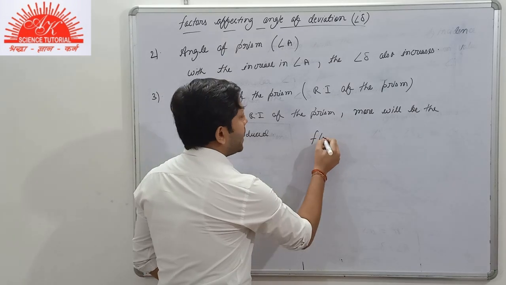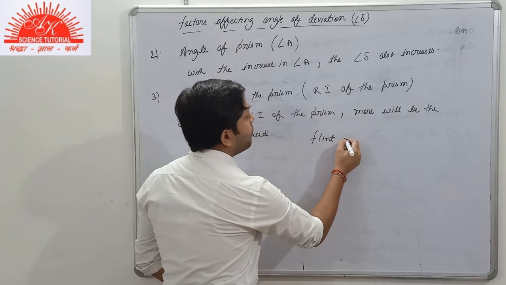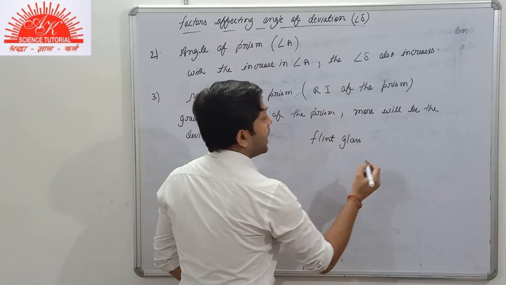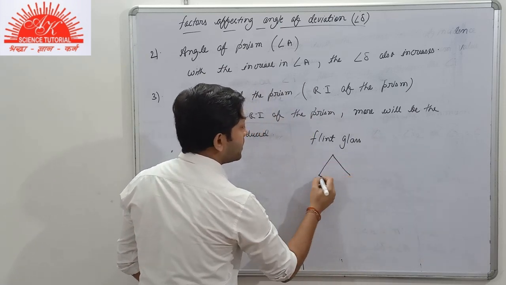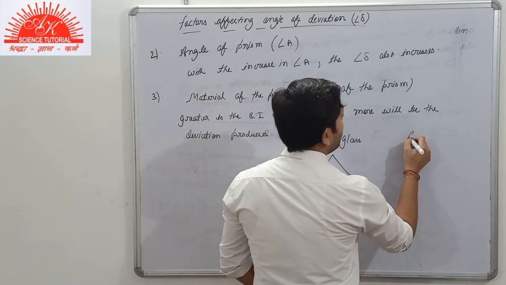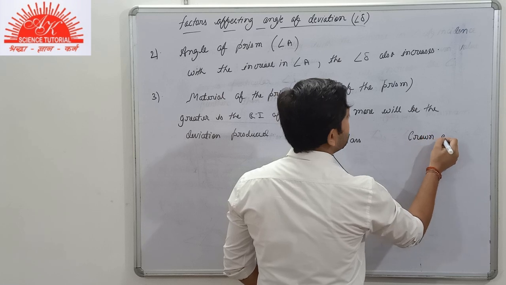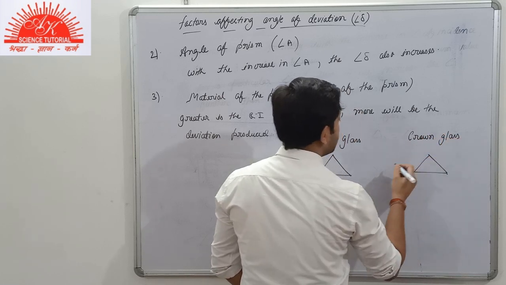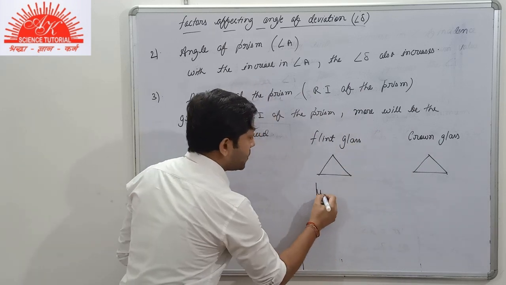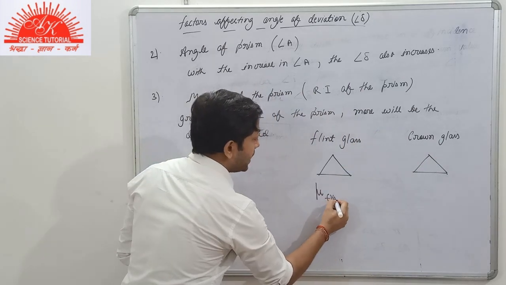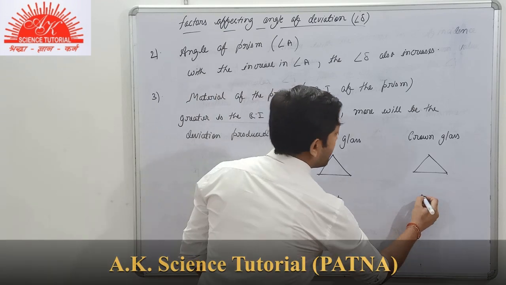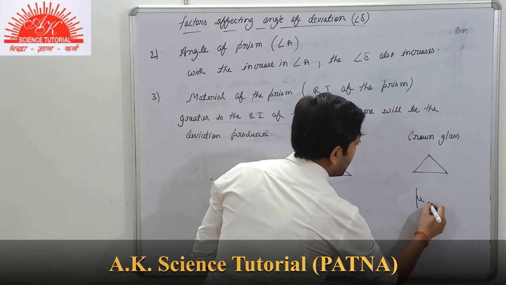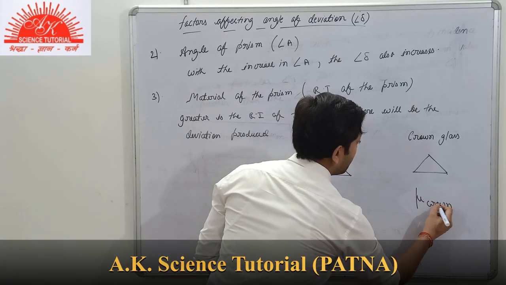Suppose we are provided a prism that is made up of flint glass, and the other prism is made up of crown glass. The refractive index for flint glass is greater than the refractive index of crown glass.